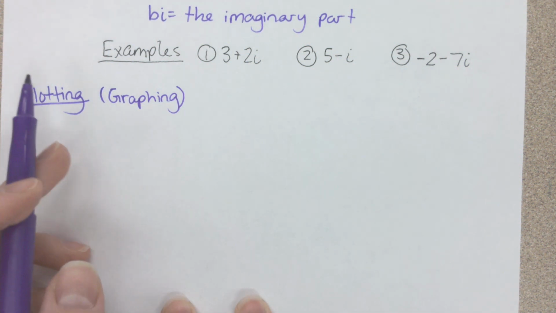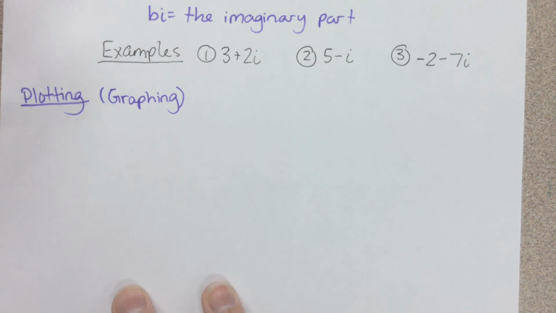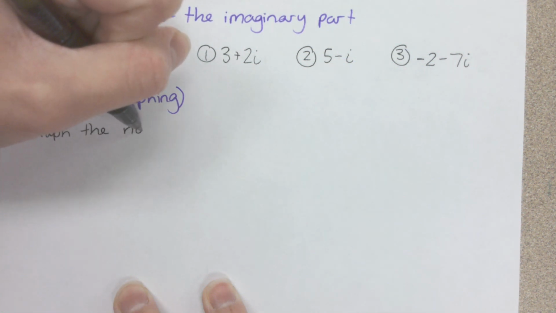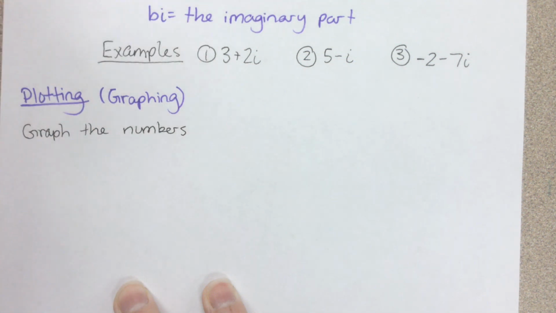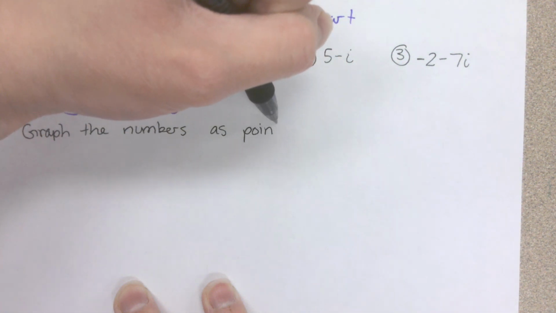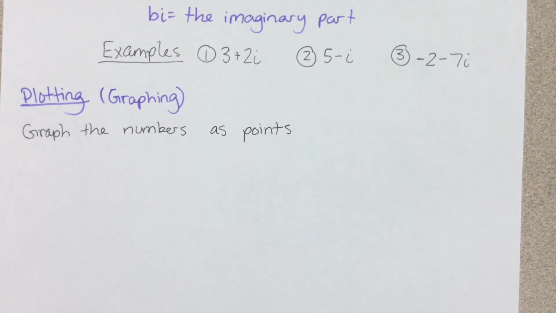So when you plot complex numbers, you graph the numbers as a point, just like you would on the XY plane, just like you're used to, been doing it since pre-algebra.